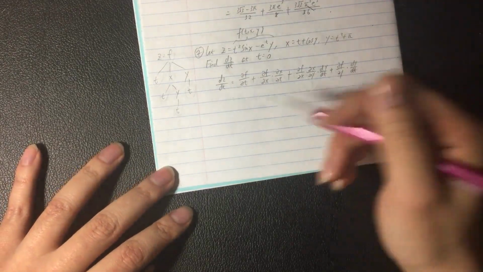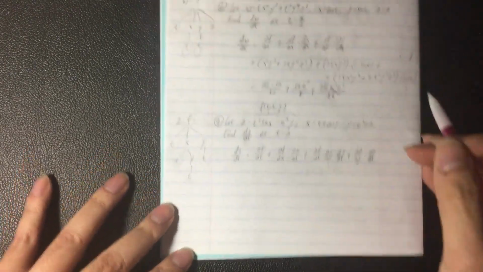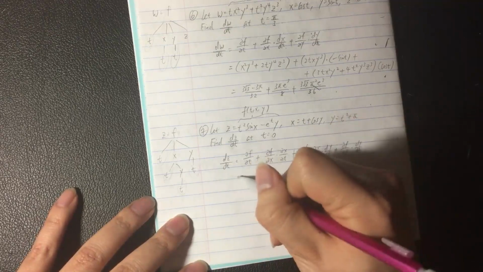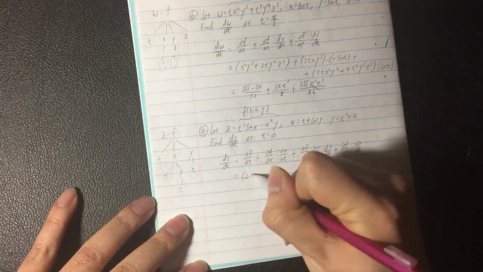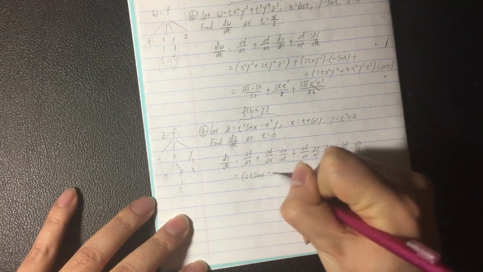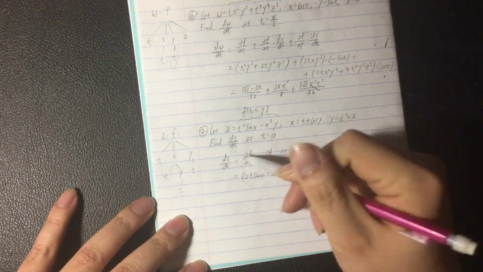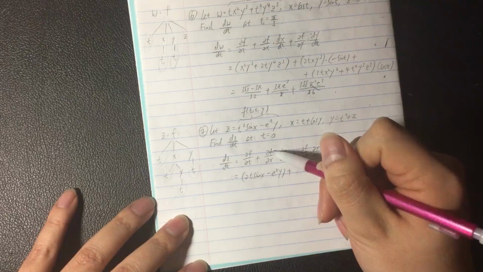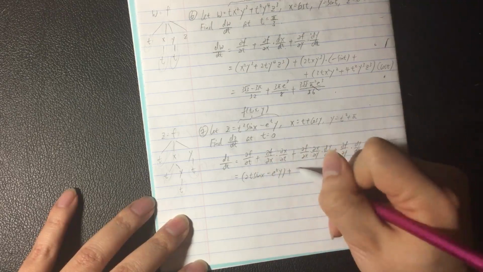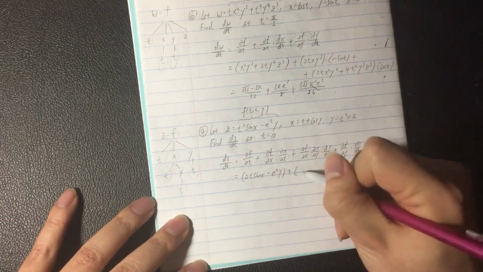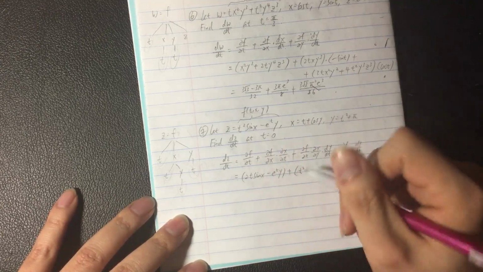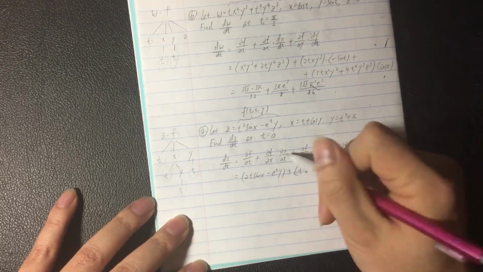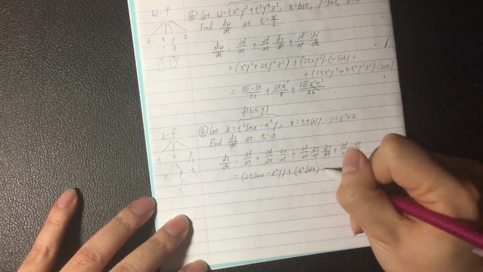Next, let's calculate the derivative. Partial derivative with respect to t, I have 2t sine x minus e to the power ty. That's the first term. Second term, partial derivative with respect to x, I have t squared cosine t times the partial derivative of x with respect to t, that's 1.